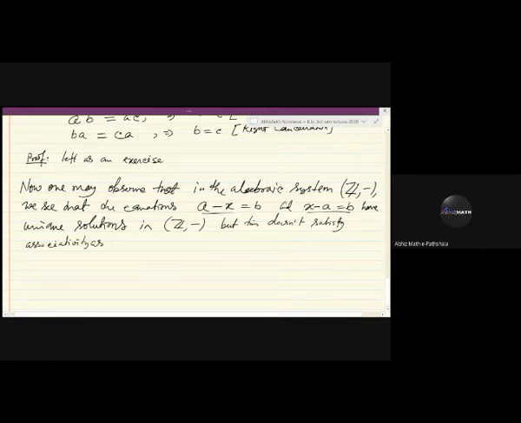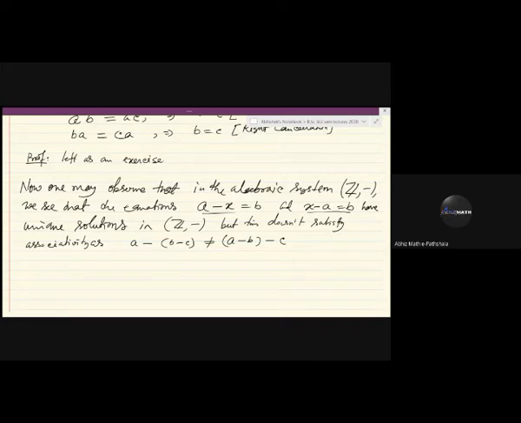As a minus b minus c is not equal to a minus b minus c, grouped the other way. So it does not satisfy associativity, although it has the property 3 which a group satisfies.